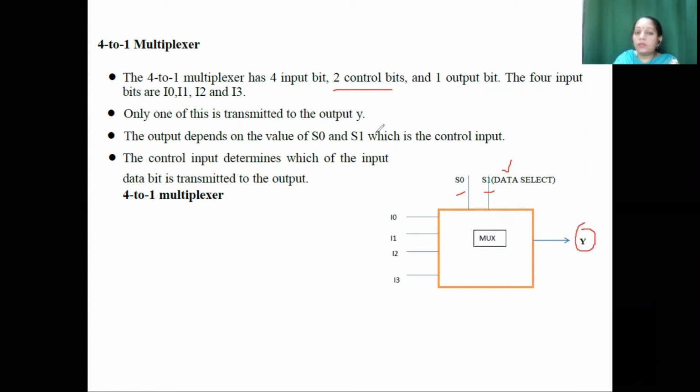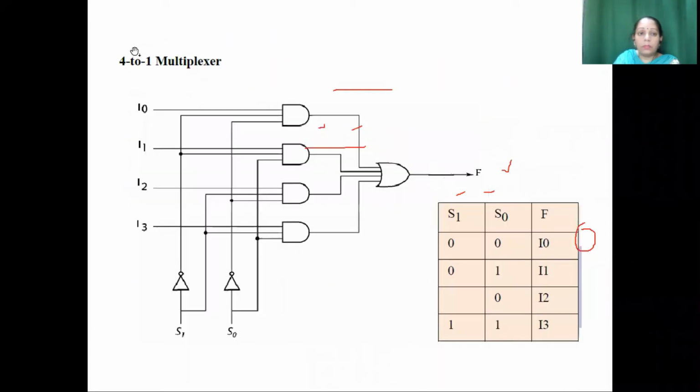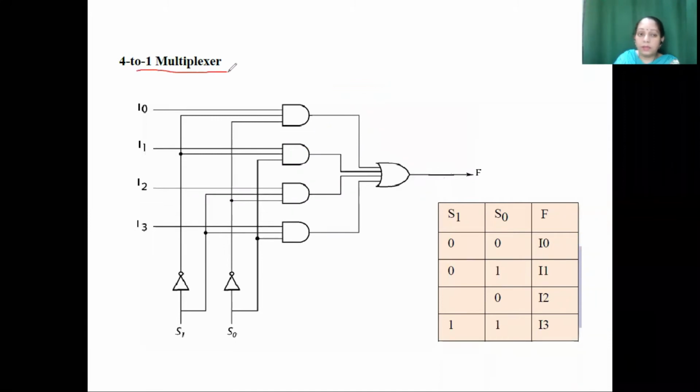Only one of these is transmitted to the output Y. The output depends upon the values of S0 and S1, which are the control inputs. The control inputs select which of the input data bits is transmitted to the output. This is my circuit diagram, 4 to 1 multiplexer.